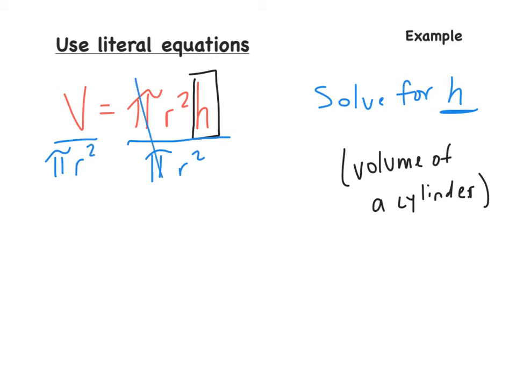So these pi's cancel out, these r squares cancel out, and all that we have left on the right side is our h. So h is equal to v divided by pi r squared. So this is our final answer.